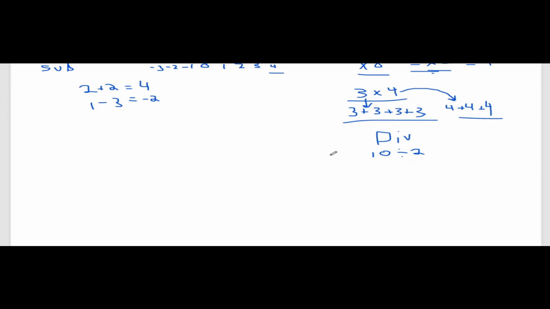So let's say I have 10 little circles. If I have 10 circles and I'm dividing them among 2 people, each of them would get 5. That's how division works. This is basically something that cuts it into pieces.